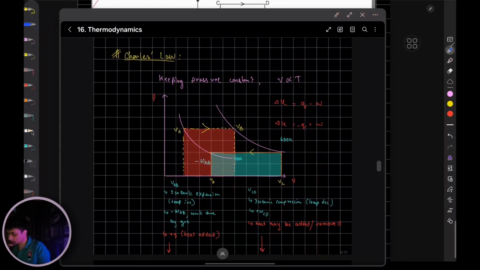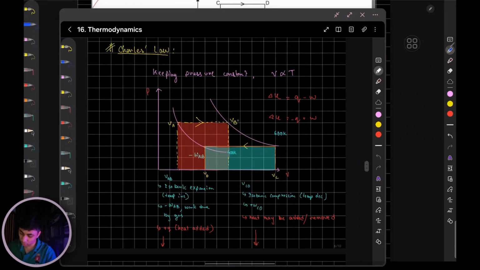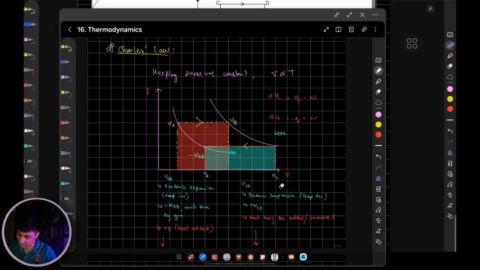From Charles' law, if you notice this change in volume, or this green highlighted area, notice the change in volume, Vd to Vc. What is happening is you're decreasing the volume from Vc to Vd, and you're doing that at constant pressure.